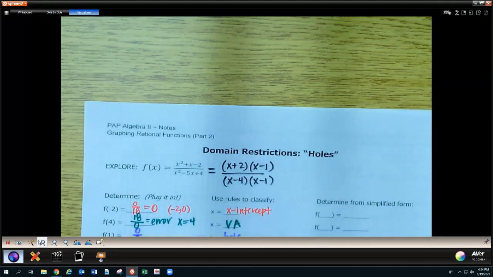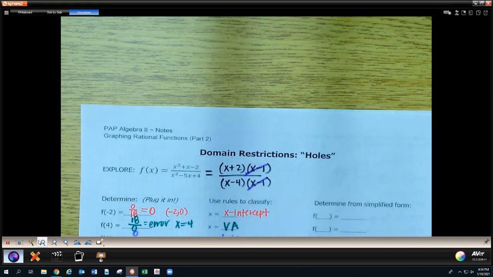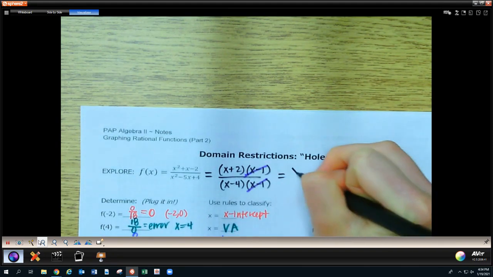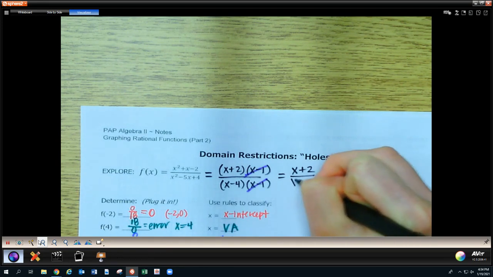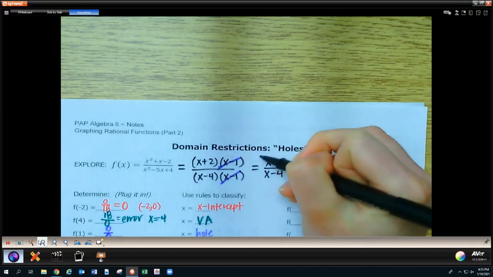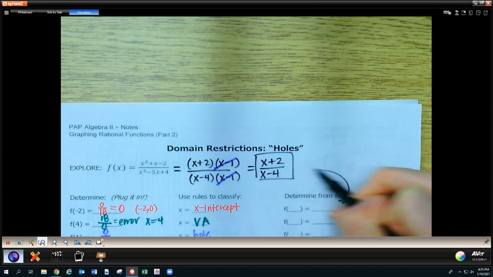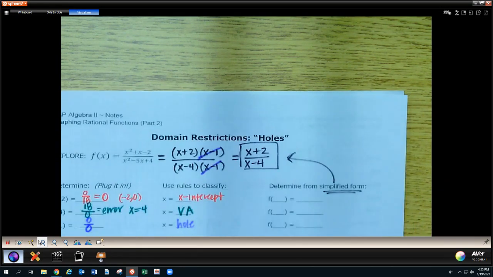There is a common factor that we can cross off. So the simplified form of f of x would be x plus 2 over x minus 4. That's what simplified form is referring to.